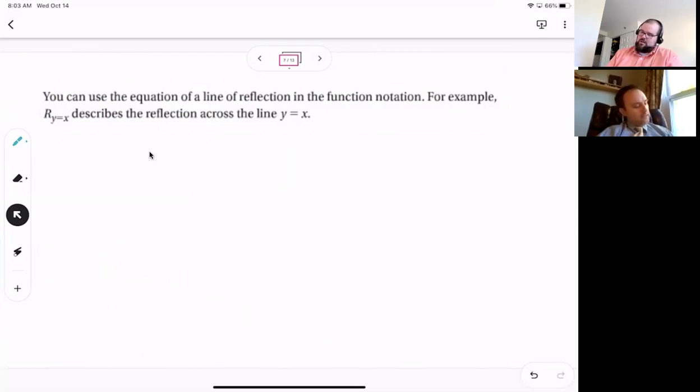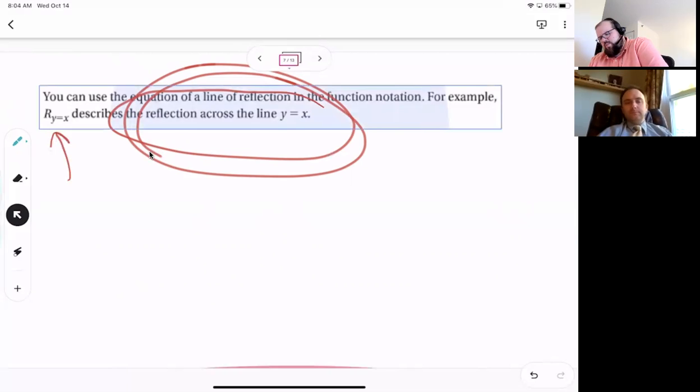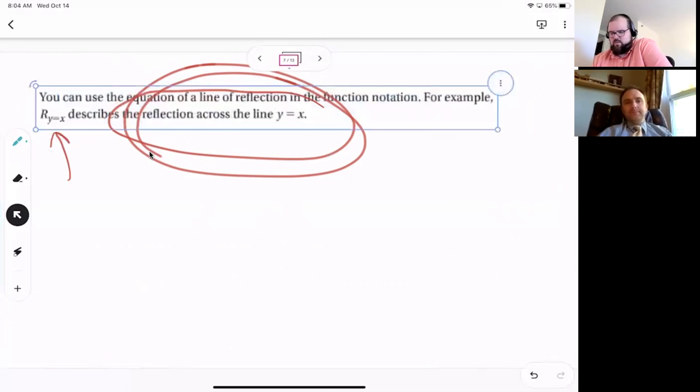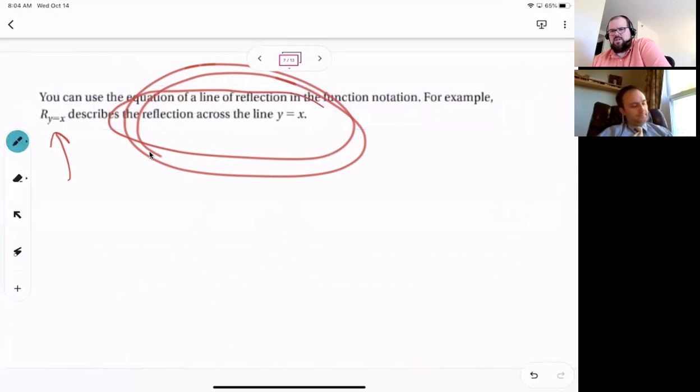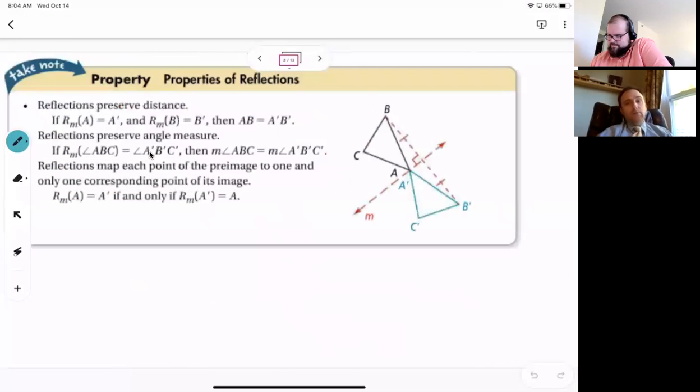It's more likely that we will tell you this information, that we will reflect across the line y equals x, although generally we will not necessarily do that to you because that's kind of mean. It's true. But that's what this notation means. Although this one's not too bad because it has a fun rule that works pretty easily, but most other lines are kind of gross to reflect around. It's true. The next page is going to make you hurt.